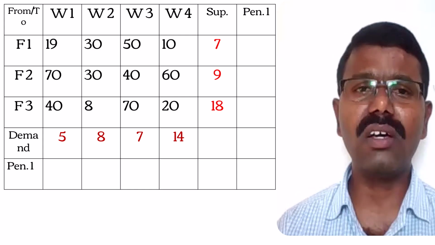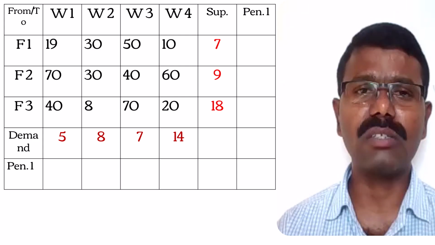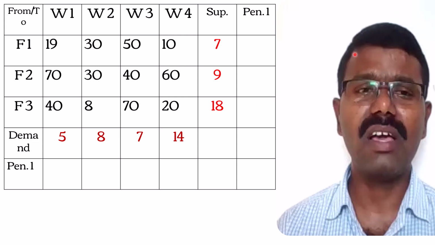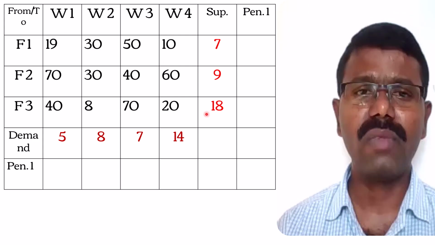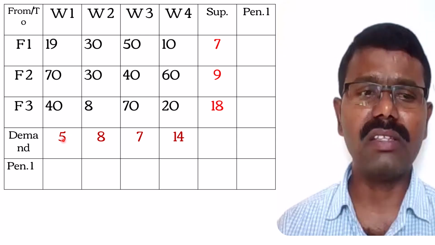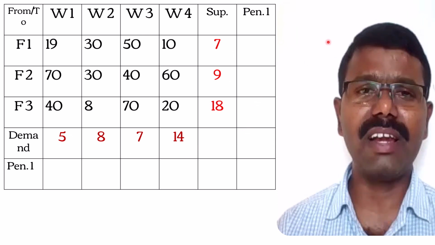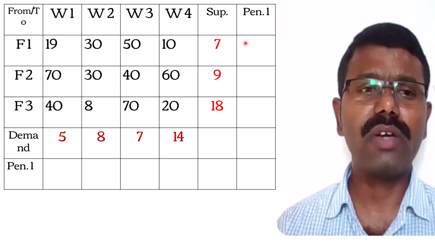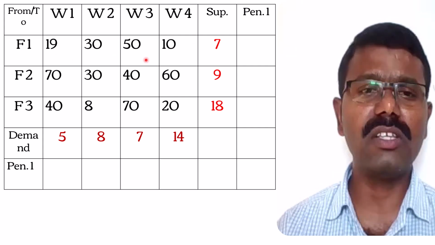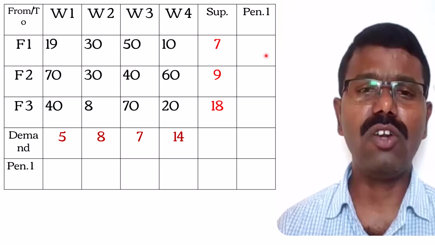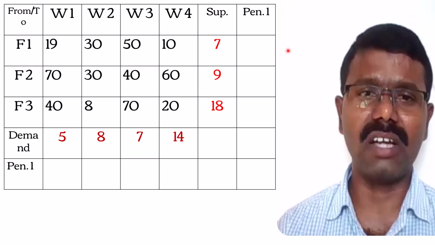To solve the problem by Vogel's approximation method, first we need to write the cost matrix as usual, and this is the supply and this is the demand, and I need to first calculate the penalties. To calculate the penalties in this row, I need to first identify the least costs.